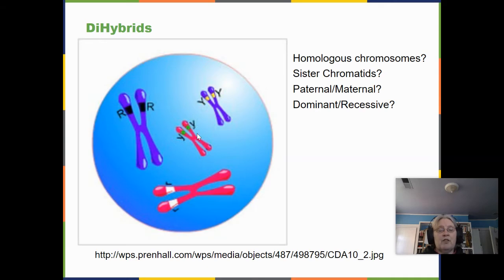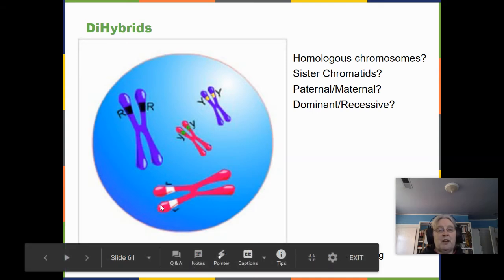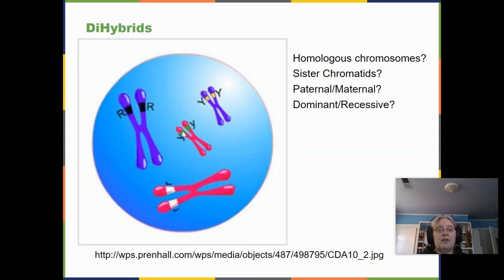Homologous chromosomes are those chromosomes of the same type. So this is a big chromosome and this is a big chromosome, which contain the same genes, including this shape gene for the pea. These are the same type of chromosome, smaller chromosomes, and they contain the same genes, specifically in this case, the color of the pea.